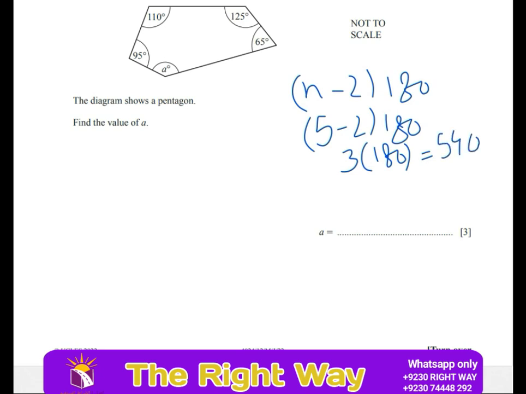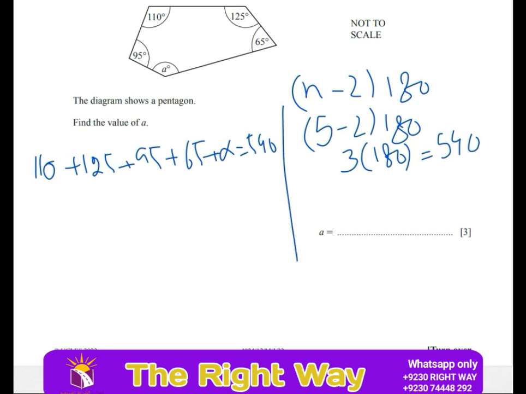Now the sum of all the angles of the pentagon will be equal to 540. So 110 plus 125 plus 95 plus 65 plus alpha will be equal to 540.